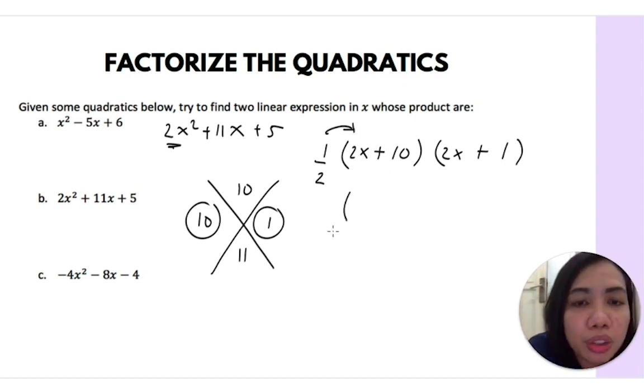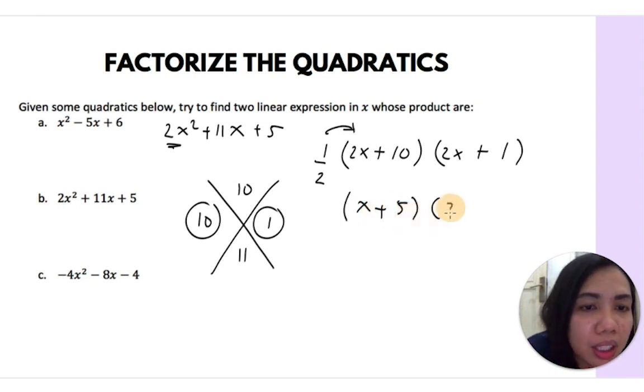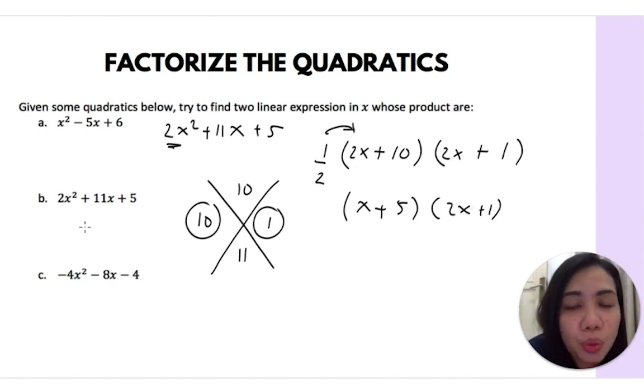Okay, now let's start to multiply this. A half times 2x is x, and a half times 10 is 5, and then 2x plus 1. So this is the two linear expressions of this quadratic expression. Now I want to prove whether this expression is equal to this expression.